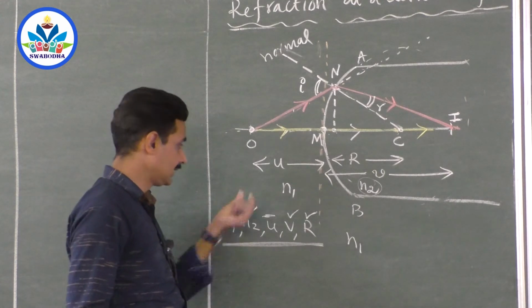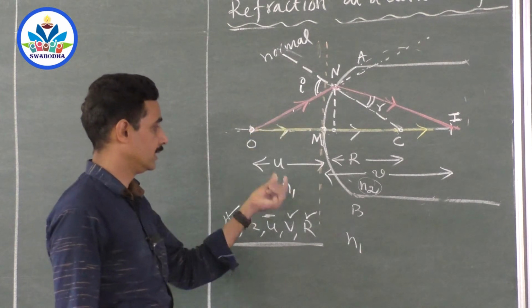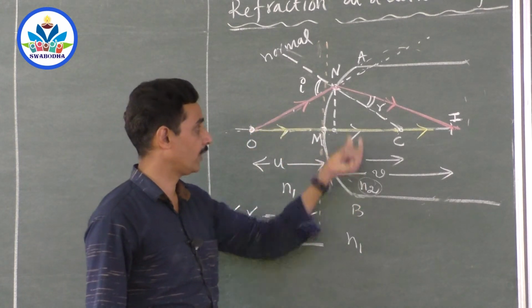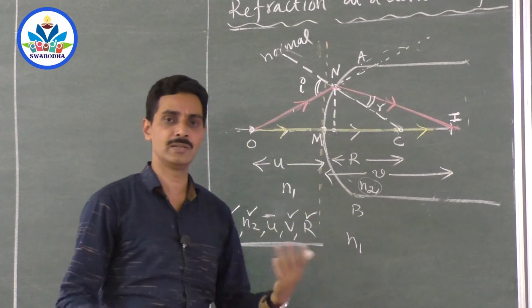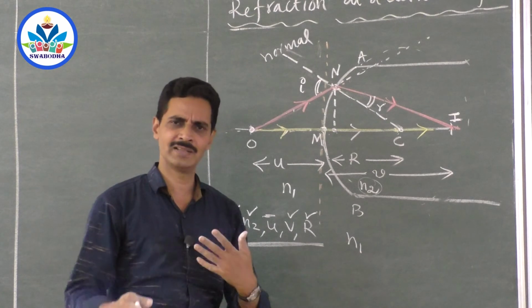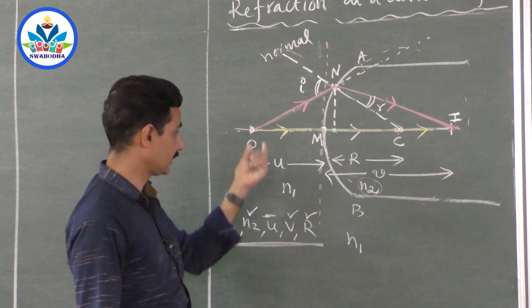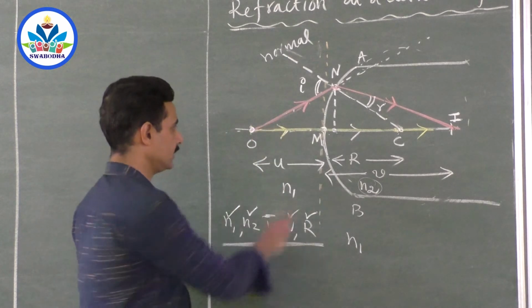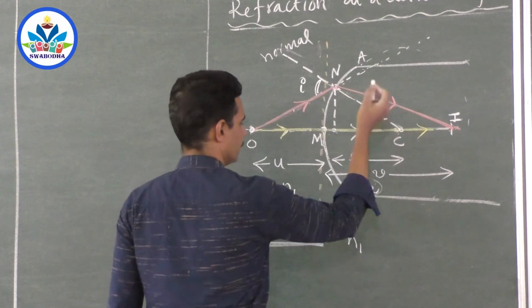So n1 is the refractive index of the medium where incident rays are present, n2 is the refractive index of the medium where refracted rays are present. Even in a new derivation, n1 and n2 may be changed to n_o and n_i, something like that. You shouldn't get confused. So n1 is the refractive index of the medium where incident rays are present, these two. n2 is the refractive index of the medium where refracted rays are present, these two.